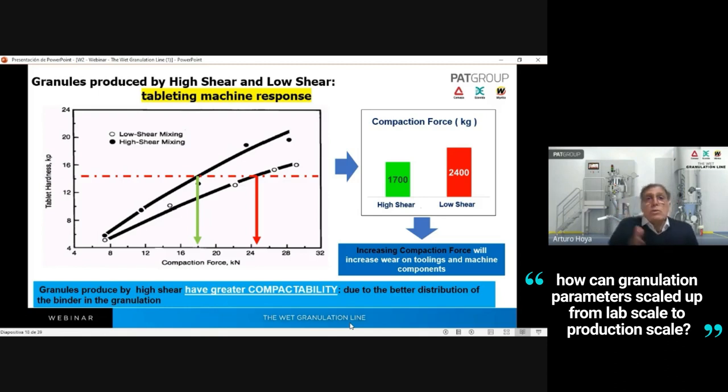When we go to a bigger bowl with a bigger impeller diameter, what we can do is reduce the RPM in order to obtain the very same tip speed, let's say 5 meters per second. So the most common parameter in scaling up is constant tip speed.